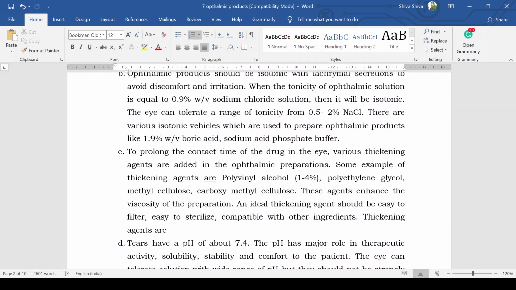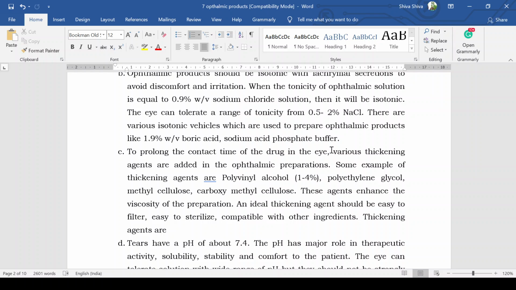Third one, to prolong the contact time of the drug in the eye. One of the drawbacks associated with the ophthalmic product is that when it is instilled into the eye, the drainage of that product from the eye is very fast. The product does not remain in contact with the cornea or the eye surface for a long period of time.